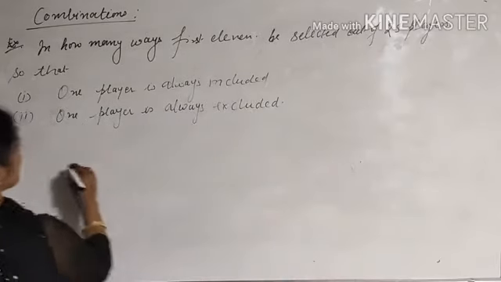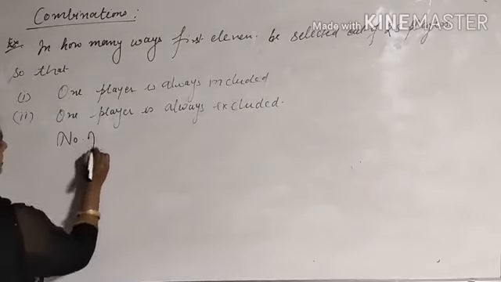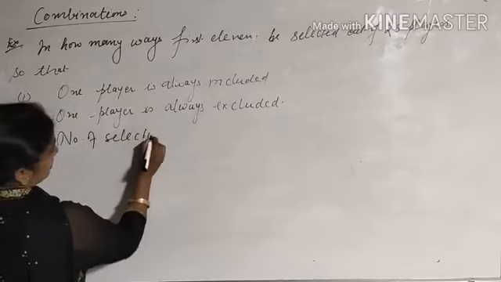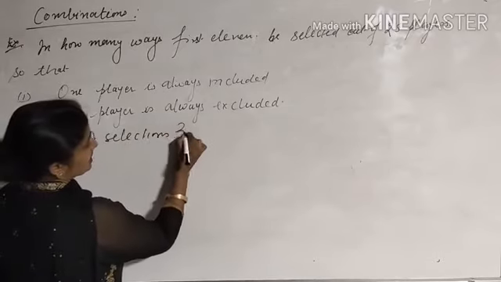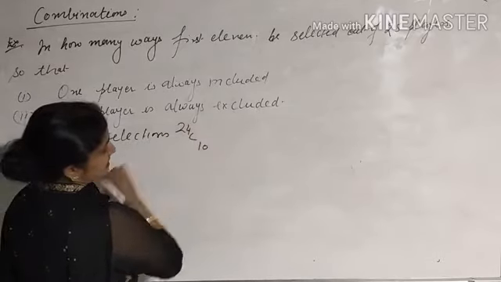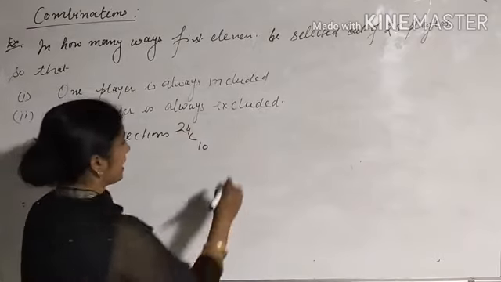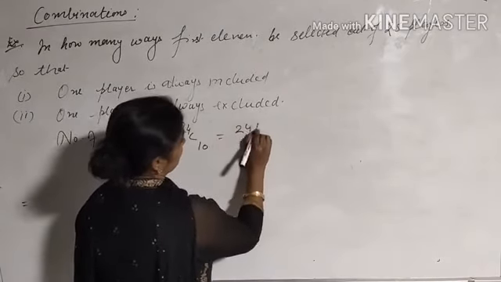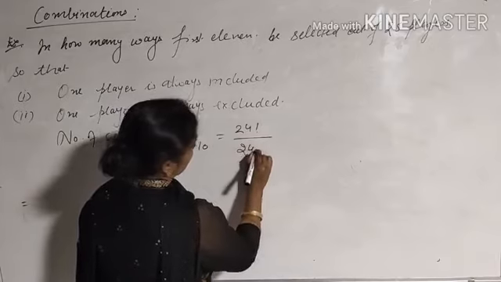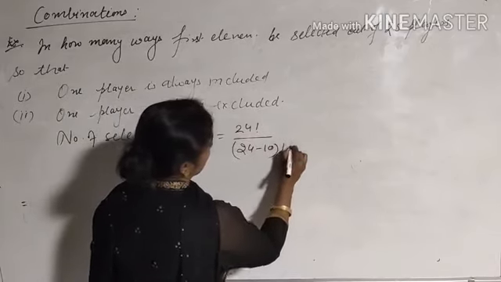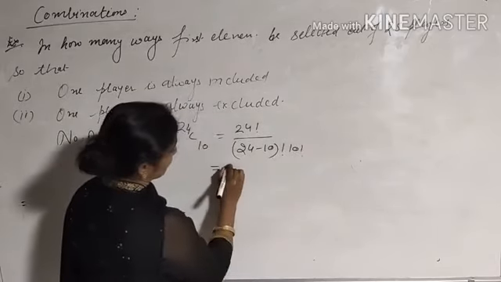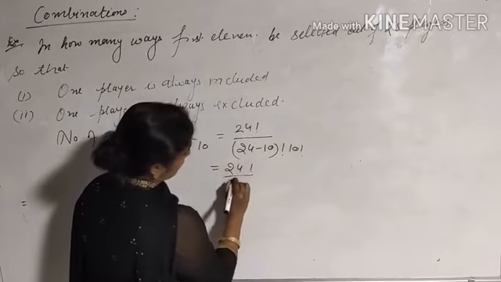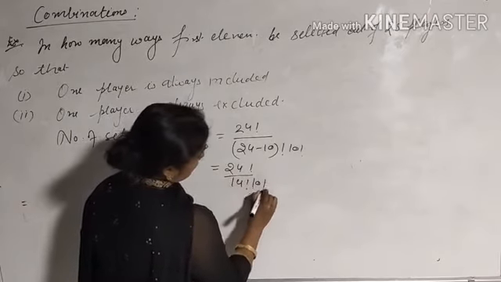So the number of possible cases or the number of selections will be 24C10. Okay, and then the number of ways will be 24 factorial by (24 minus 10) factorial into 10 factorial, and that is 24 factorial by 14 factorial 10 factorial.